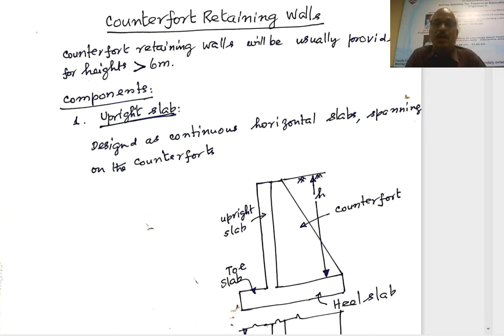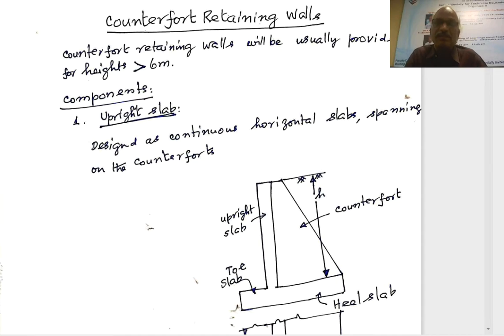In the case of counterfort retaining walls, the different components are the upright slab. The stem was the name for the vertical wall in the case of a cantilever retaining wall. It was acting like a stem, as a cantilever.